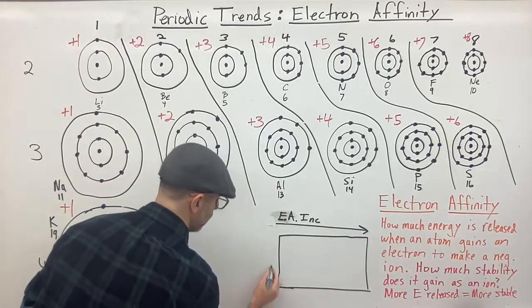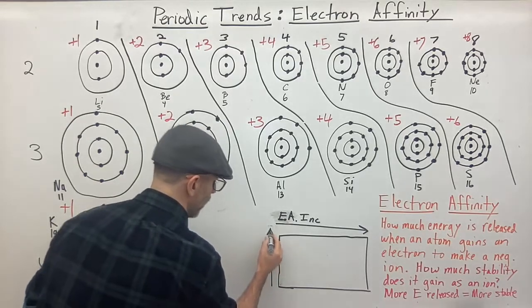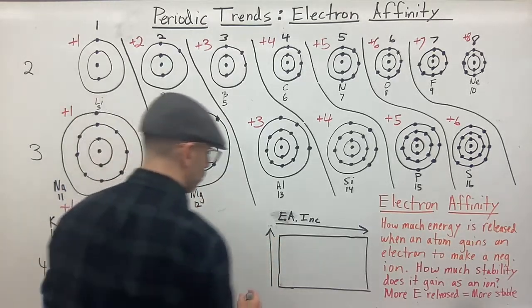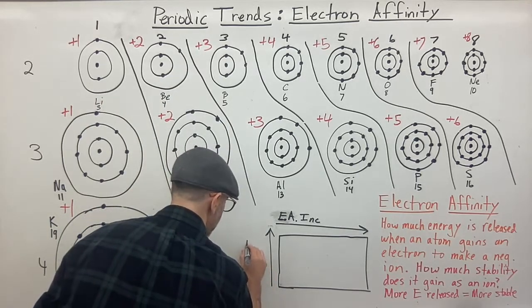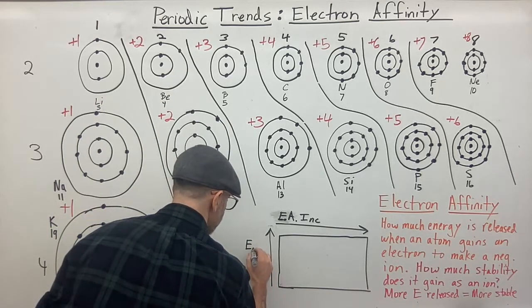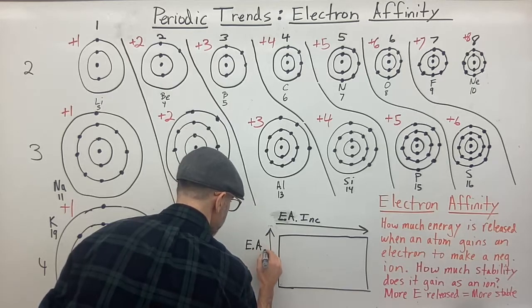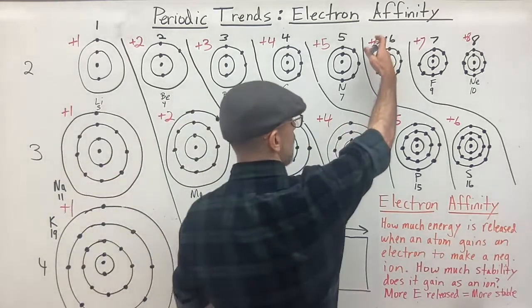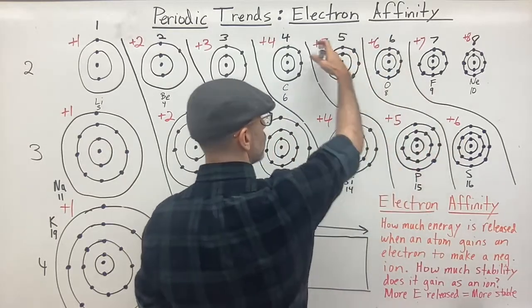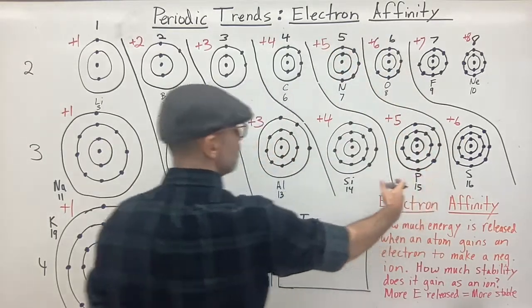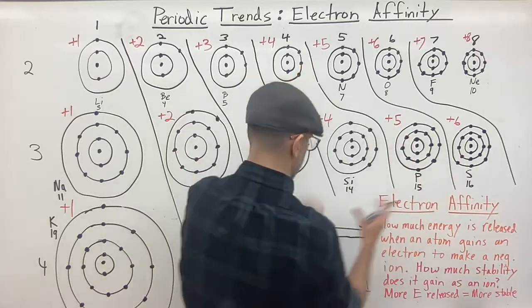And going up a group, for the electron affinity, as we said, as you go down a group, it's going to decrease because the electrons are farther away.